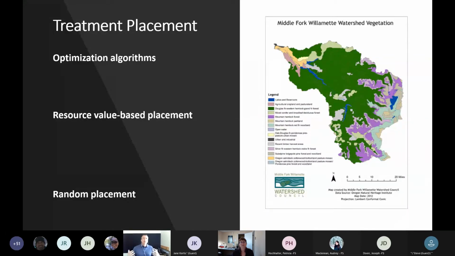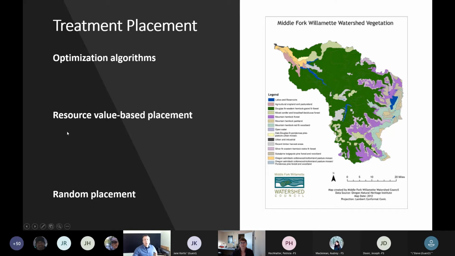So we have to think about approaches for how we might place treatments across the landscape. And there's really three primary approaches that have been heavily studied. One is the use of some kind of heuristic optimization algorithms to come up with ideal solutions by running thousands of simulations of placing treatments at different places across the landscapes.